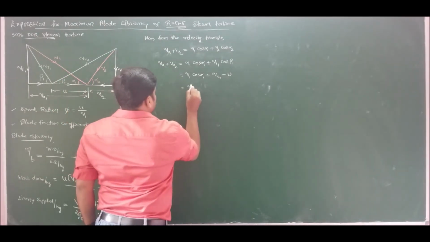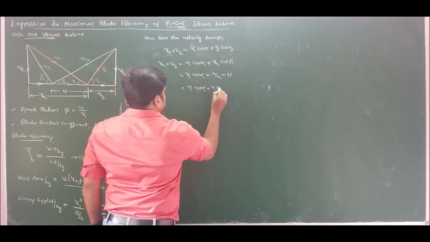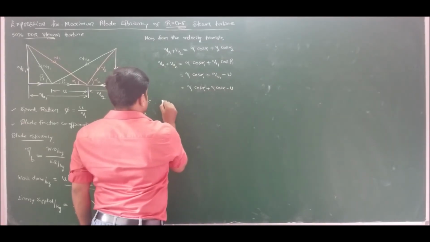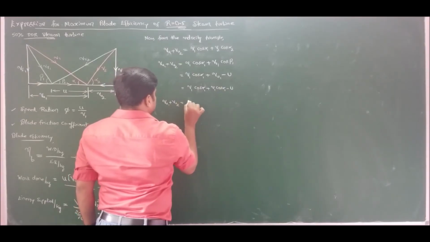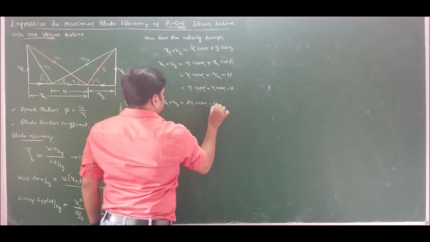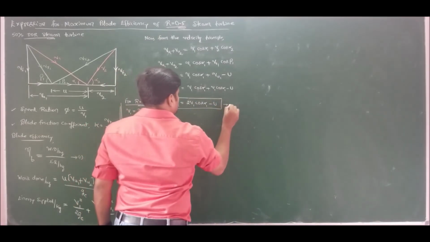So it is V1 cos alpha 1 plus V1 cos alpha 1 minus U. Hence we got VU1 plus VU2 as 2V1 cos alpha 1 minus U. Take this as equation number 4.